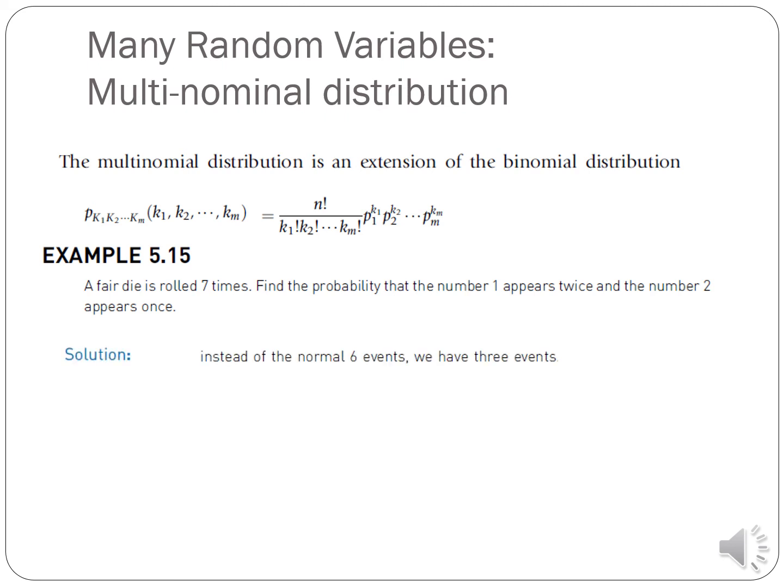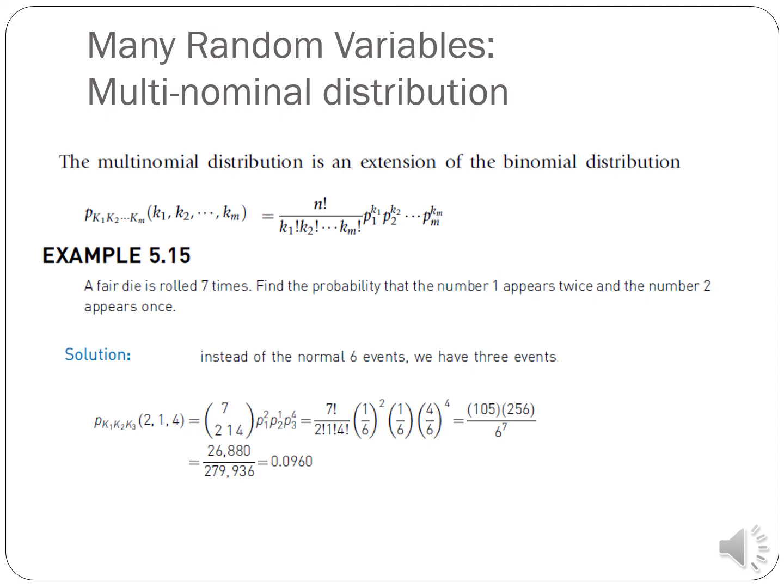So instead of the normal 6 events, we have here 3 events. The first event is when we get number 1, the second event is when we get number 2, and the third event is when we get number 3, 4, 5 or 6. So we will apply our formula here.